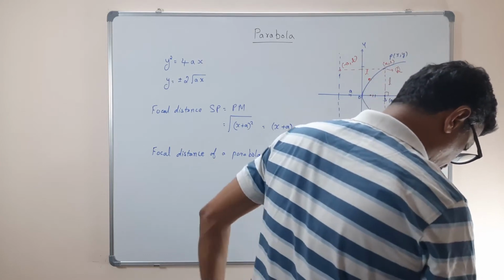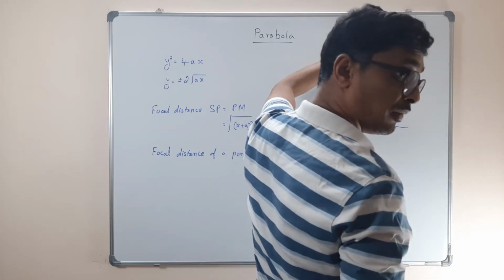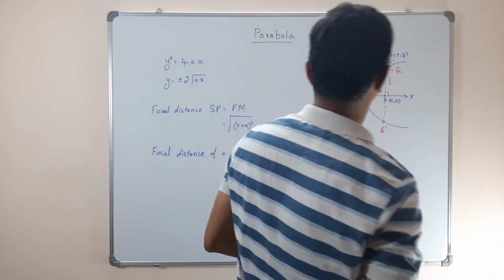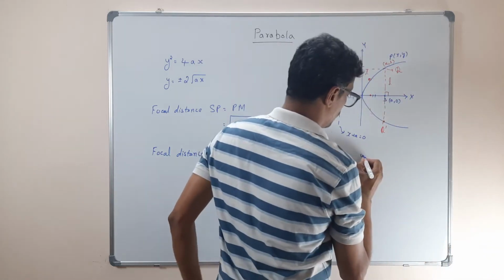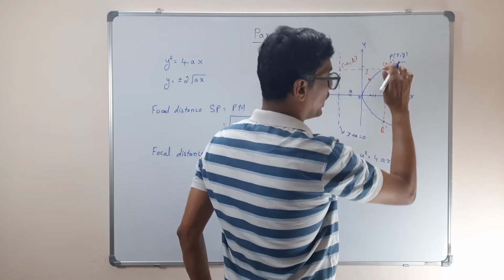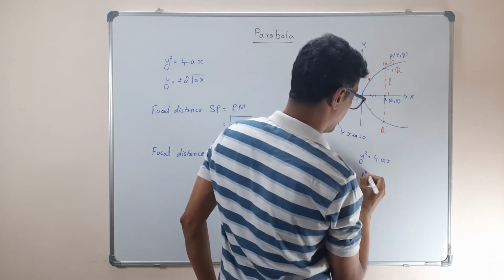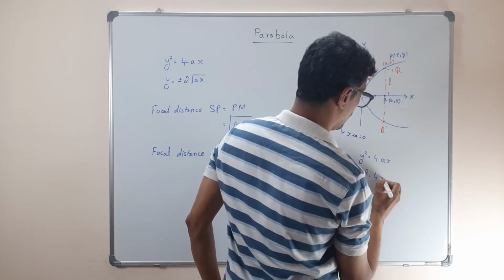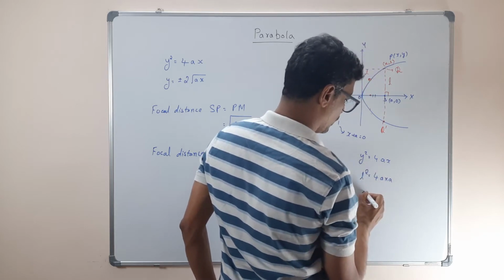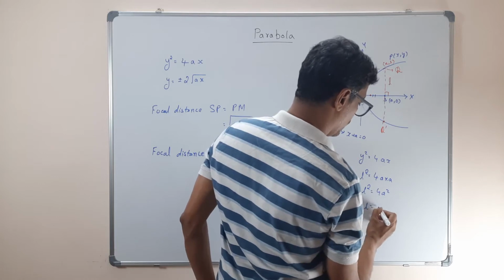Otherwise, what they have done is, this point A, comma L lies on the parabola. The parabola equation is y square equal to 4ax. Since this point satisfies it, L square equal to 4a into a, so L square equal to 4a square, and L equal to 2a.